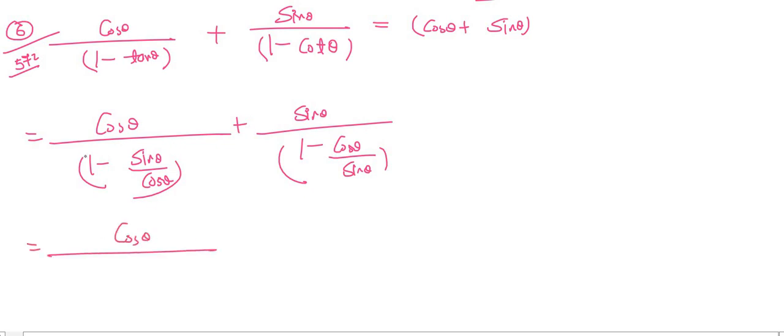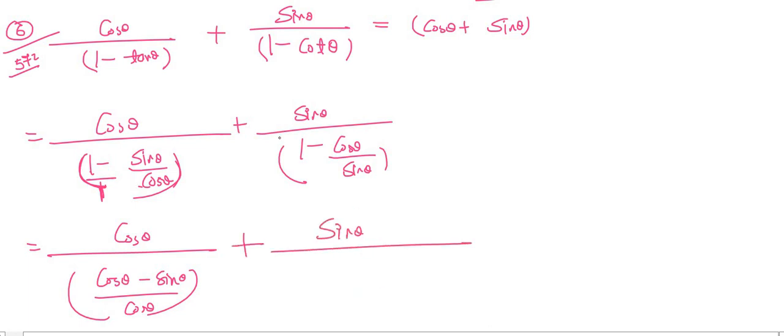Simplify the denominator, this part. What is the LCM here? Cos theta by 1, right? So this is cos theta minus sin theta. And for this one, the LCM is sin theta. So this into this and this into this will be how much? Sin minus cos. Okay.